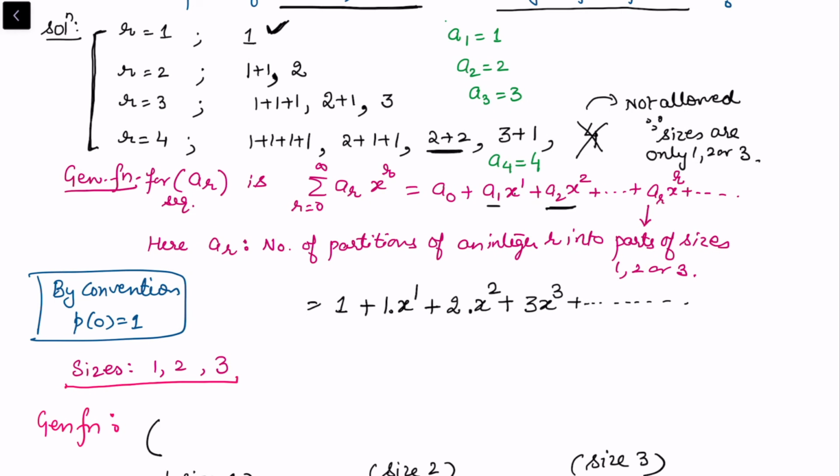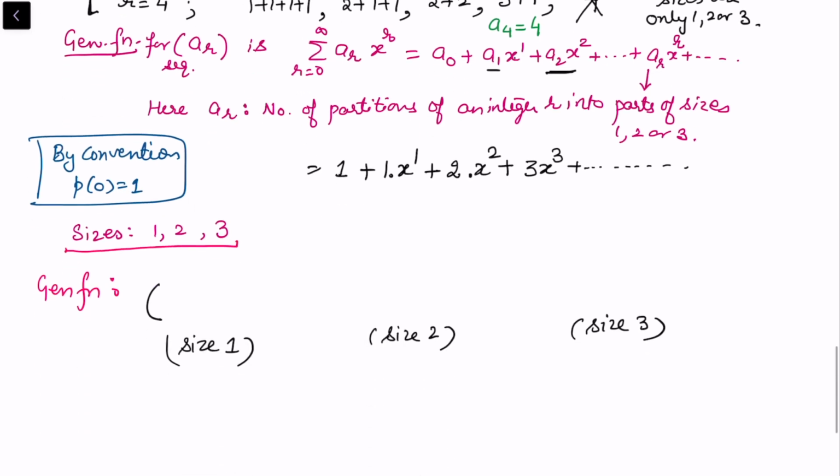You can see that in 2 plus 2, size 1 is not used. Here we have only used size 2, and 1 and 3 are not used. So when we consider a generating function, size 1 may appear or it may not appear. If it is not appearing, then this is 1, which means x to the power 0, plus x to the power 1 plus x square.